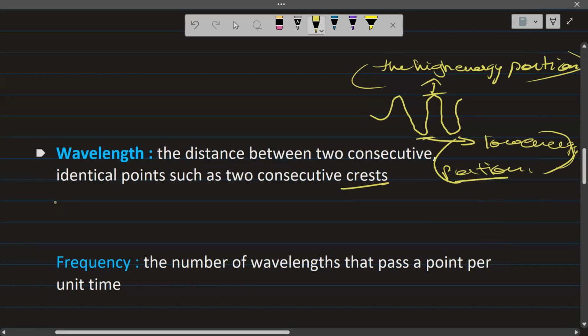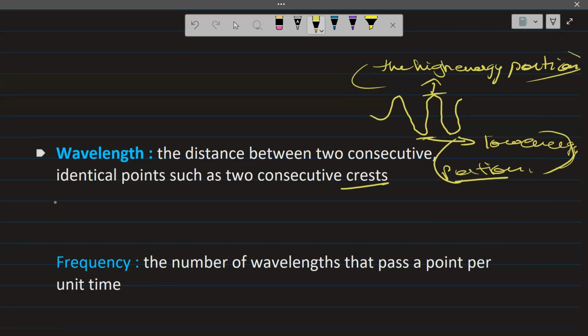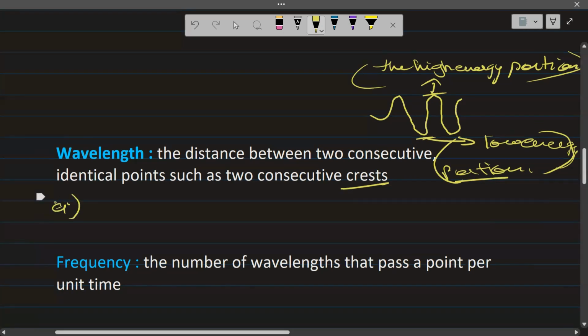Now let's come to the wavelength. So what is a wavelength? Wavelength is basically the distance between two consecutive identical points, such as two consecutive crests. For example, let me just draw an example.